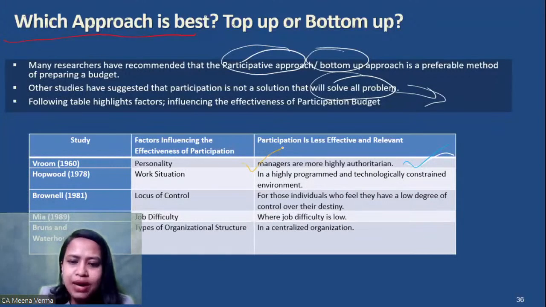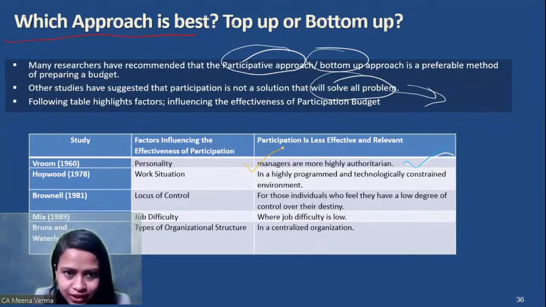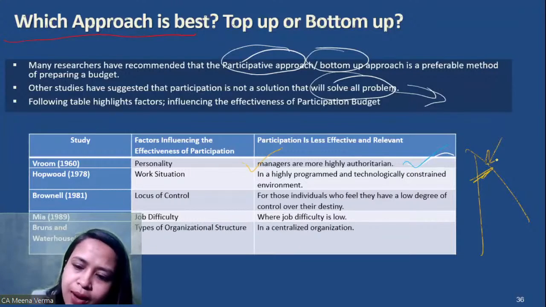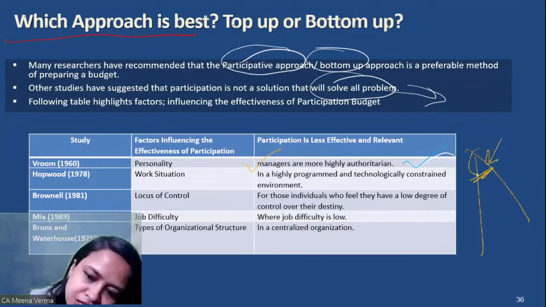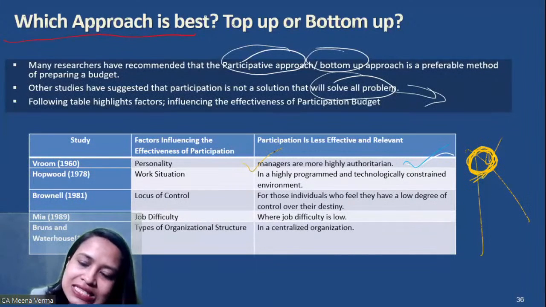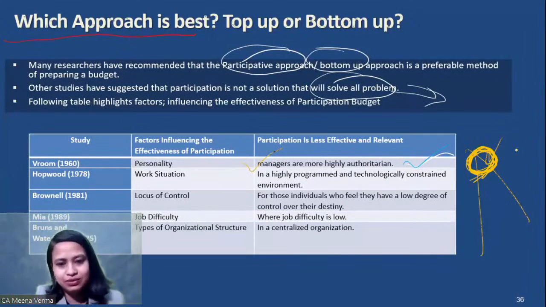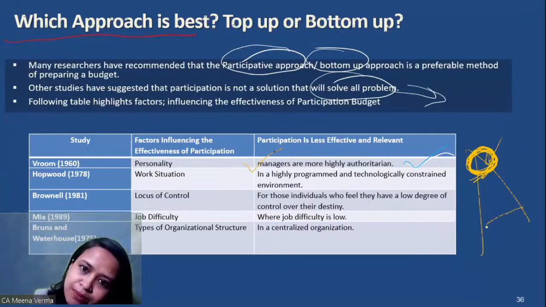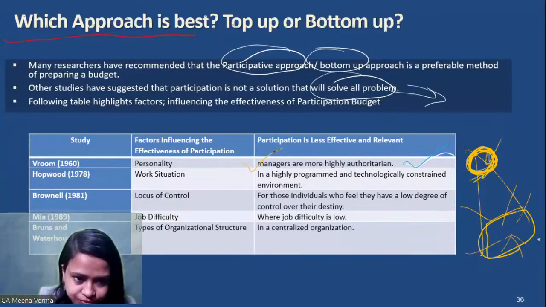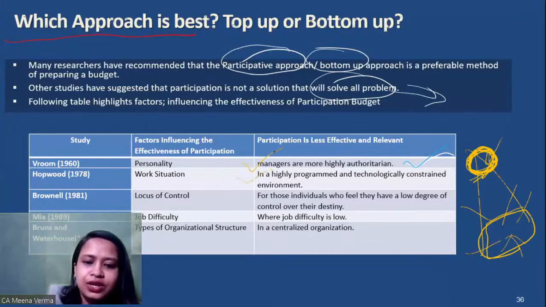So managers are more highly authoritarian in case you consider only the top up approach, where the budget is prepared by the top management only. In that case that budget will be more authoritarian. Instead, if the bottom up approach is followed, everyone is involved, so there is no authority of a single person, right, which is a good thing.